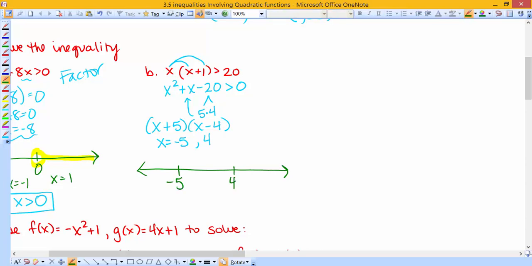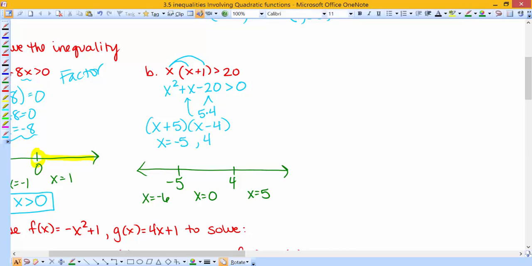You pick a number on the left, you pick a number in the middle, and you pick a number on the right. So I'm going to pick negative 6, 0, and 5. So just make sure you are picking numbers that fall in those designated areas.